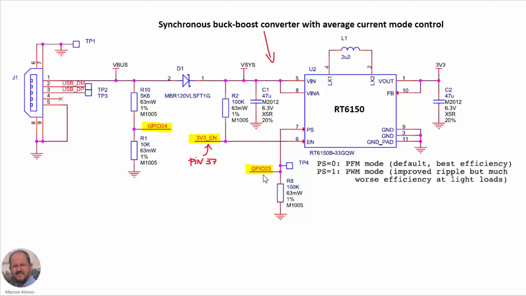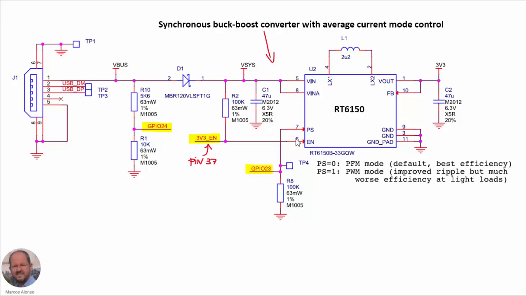So if the user selects here this output to be 0, then the converter will operate in pulse frequency modulation mode, which is good for the efficiency, but not so good for the output voltage ripple. If we select PS equal to 1, then the converter will operate at fixed frequency, which is good for the ripple, but the efficiency is going to be lower, especially at light loads.